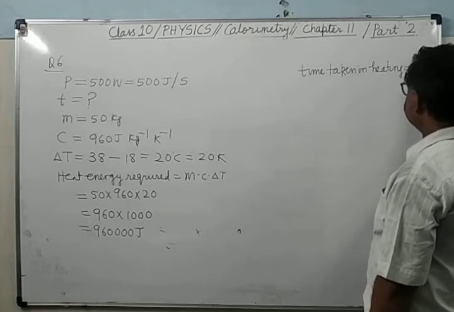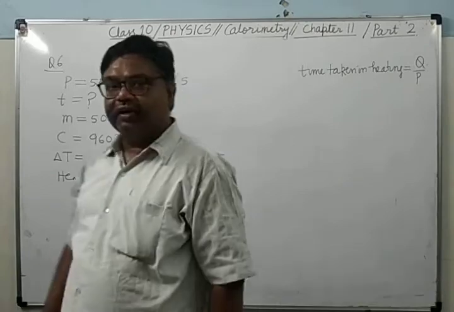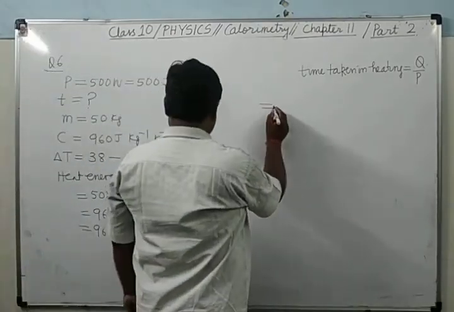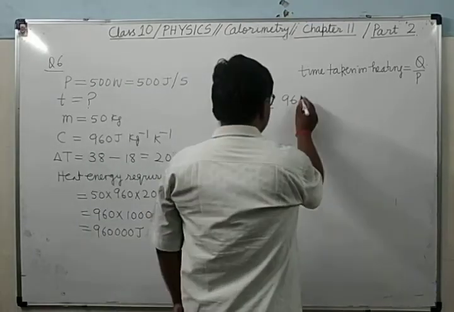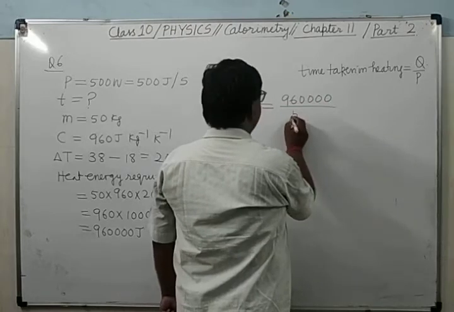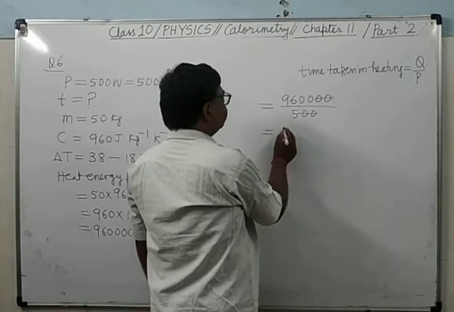Energy here we represent by Q. Q is 960,000, upon power, which is 500. So this is cancelled.